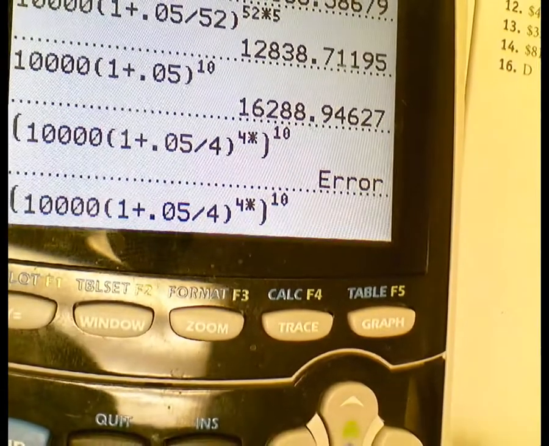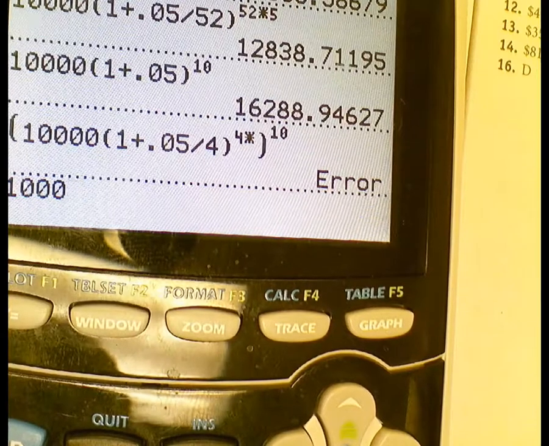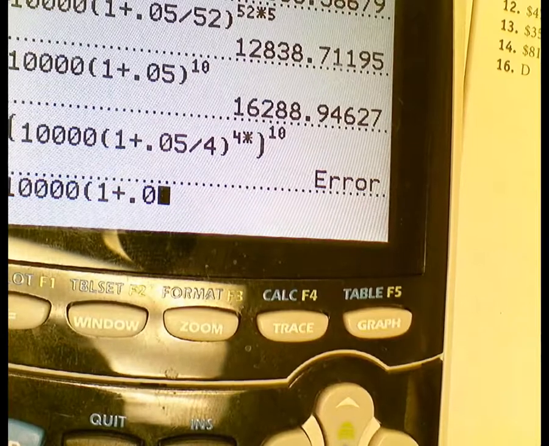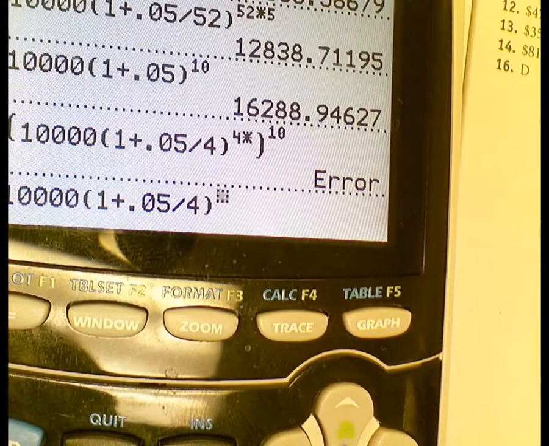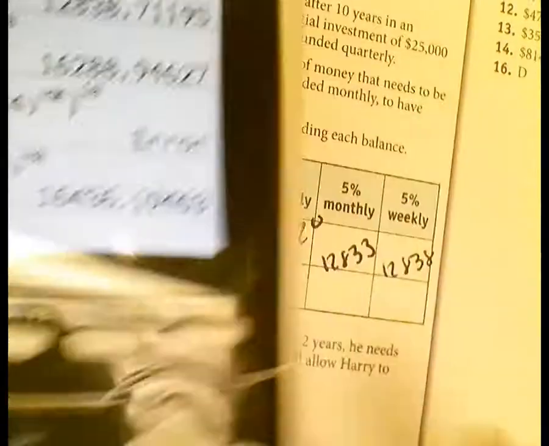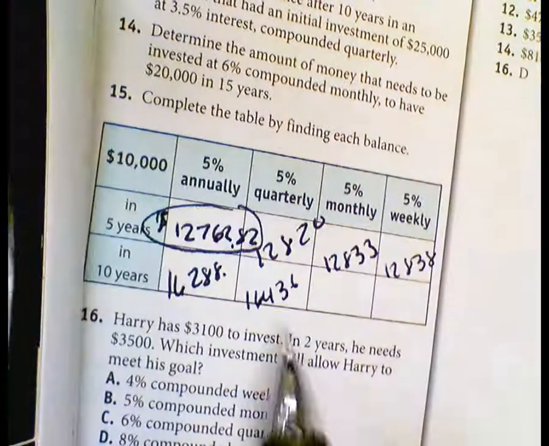What the heck just happened? I got to type this in. 10,000, 1 plus 0.05 divided by 4, raised to, I'm just going to put 40. Quarterly for 10 years is 40. So that is 16,436. So it should be more money than the first one.